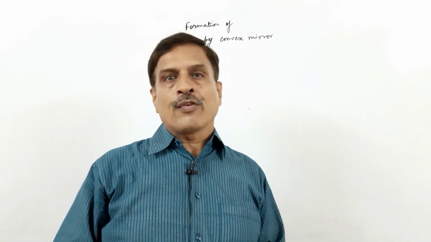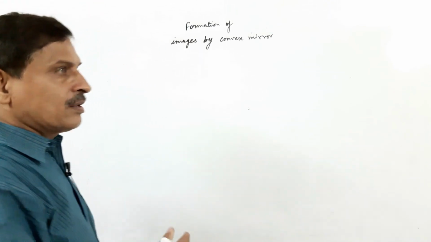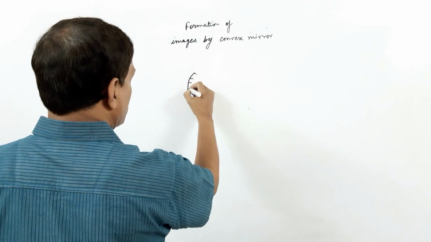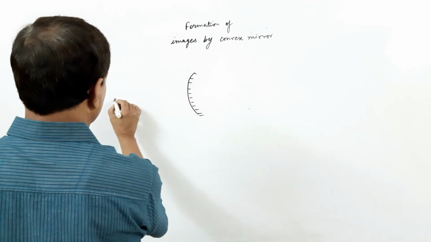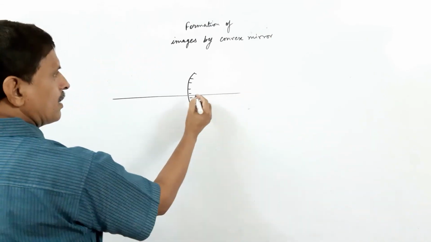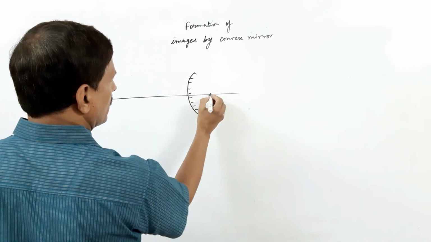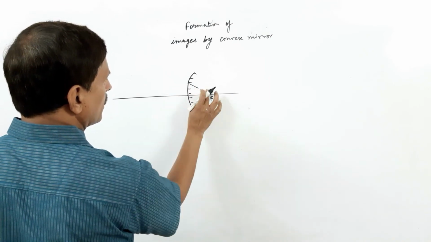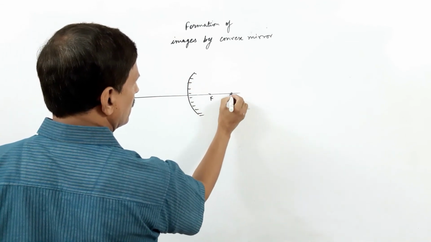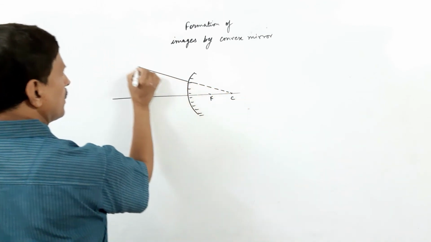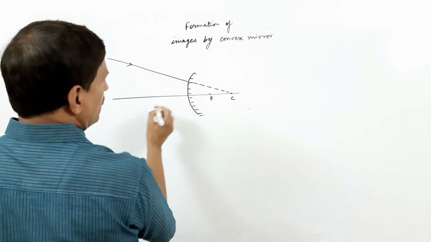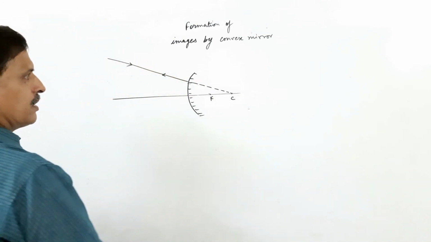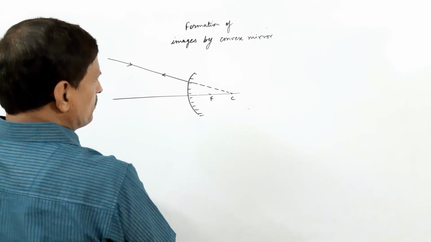Now, formation of images by a convex mirror. First, when the object is very far off, or say at infinity, a light ray incident in or along the direction of the center of curvature is reflected back along the same path.